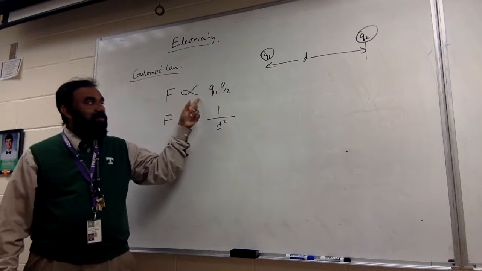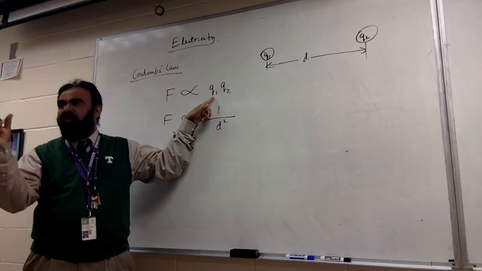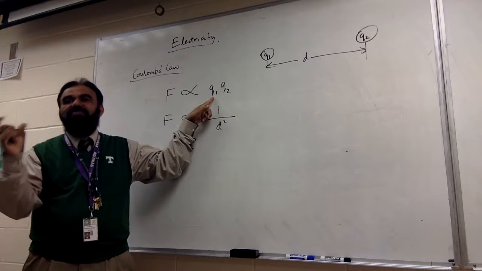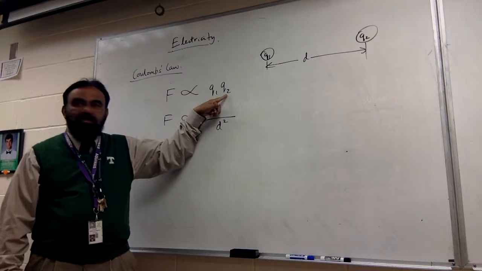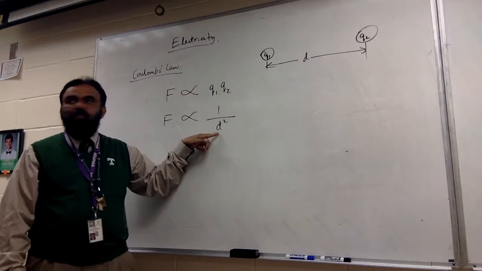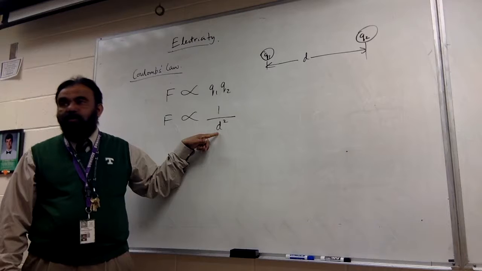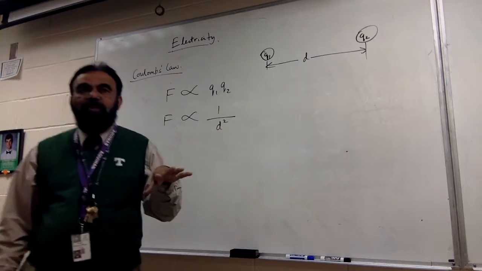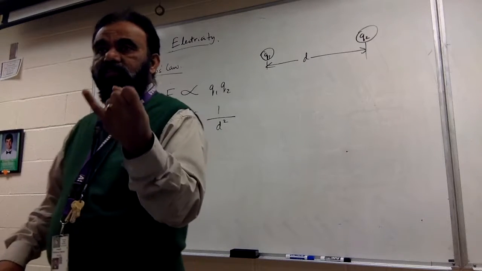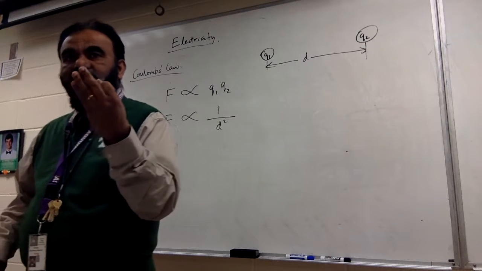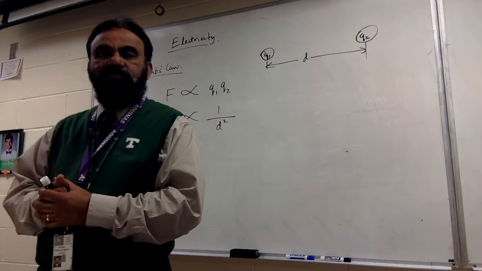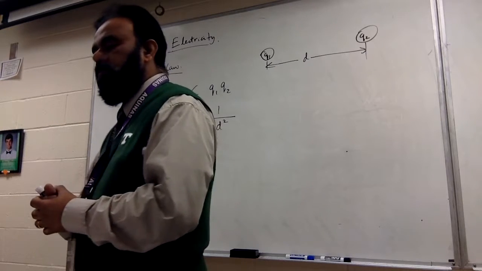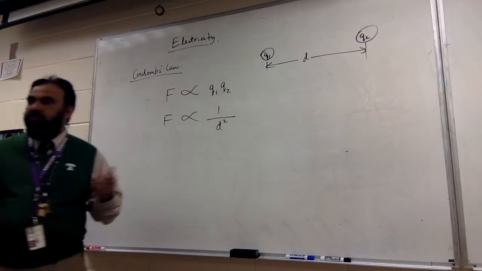Force is directly proportional to the product of magnetic charges, which are basically the pole strengths, and inversely proportional to the square of the distance. The inverse square law holds good. So gravitation, electricity, and magnetism all have very similar proportions.